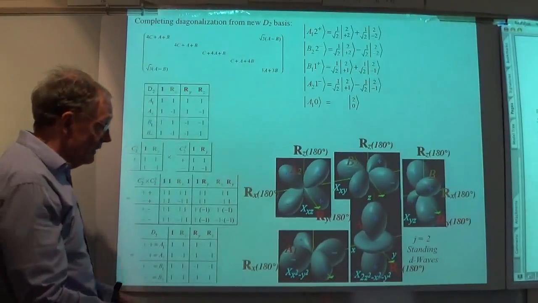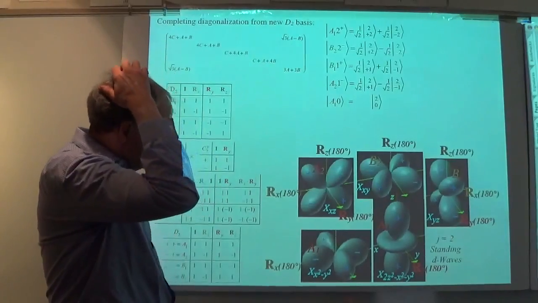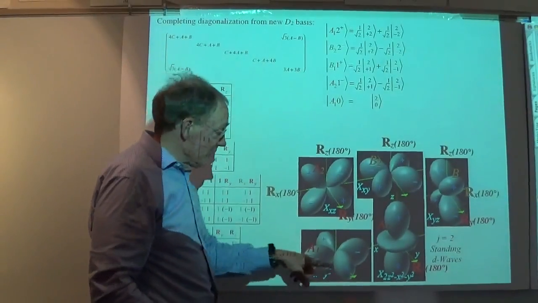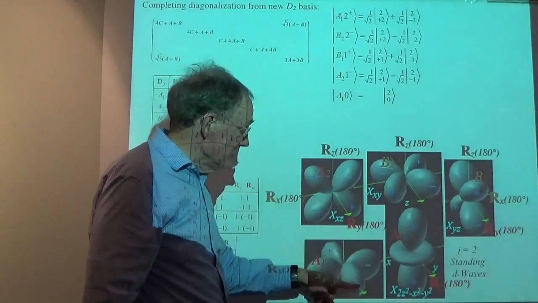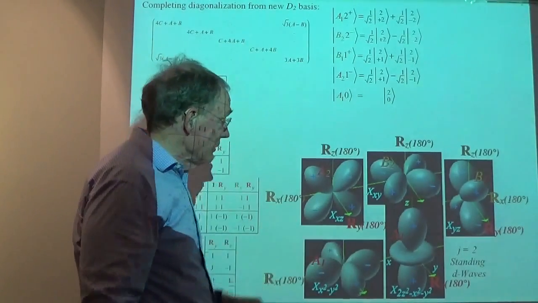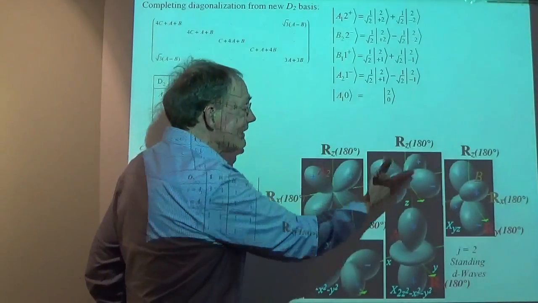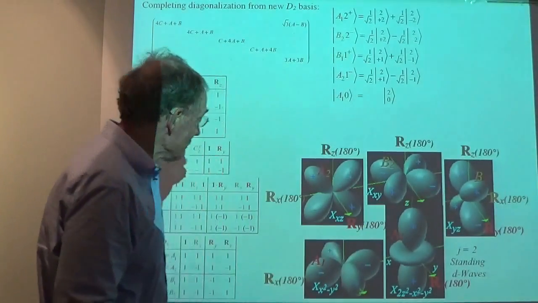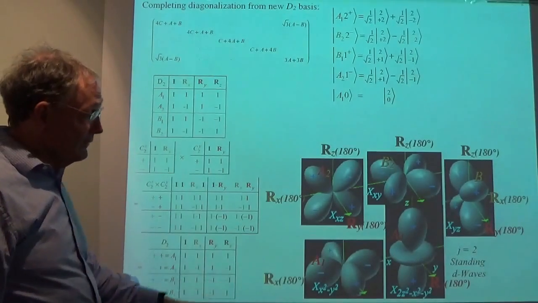Now when I get done here, I see an A1 in there, okay? With respect to D2, that's definitely A1. No matter what 180-degree rotation I do, they go into each other without change of sign, okay? But when you look at each one of these, you can see who's going to change signs just by looking at the character table.